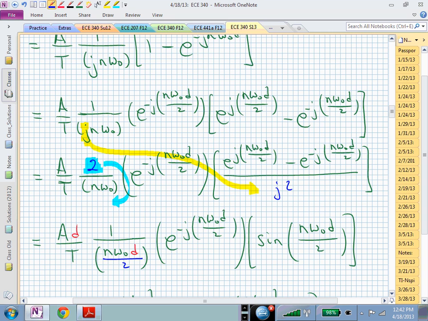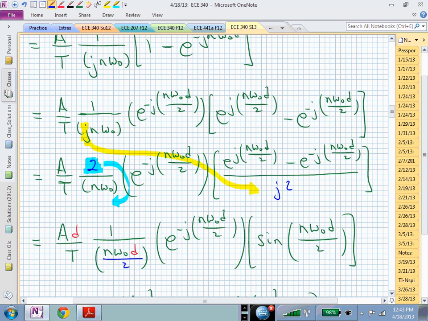Now I have this common factor of n omega naught d over 2 factored outside in the denominator, and it's in the exponent, and it's in the sine expression that I've now been able to identify in about the middle of the screen in this derivation.